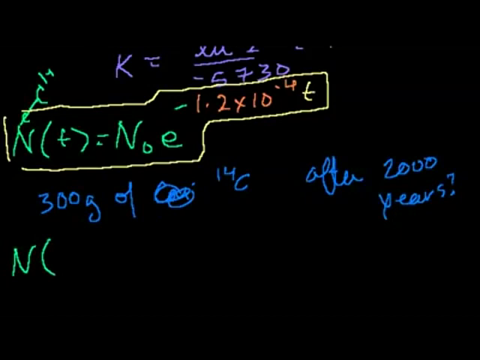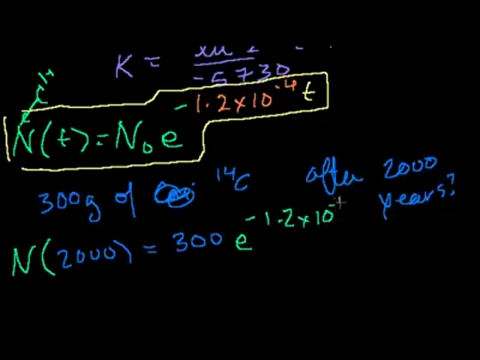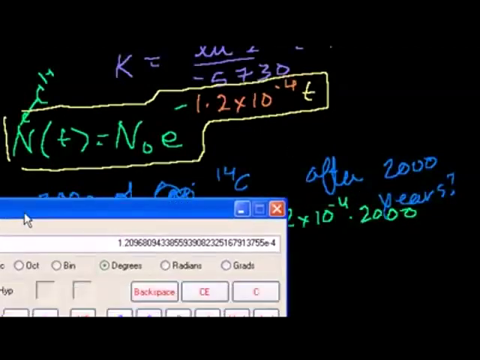N of 2,000 is equal to the amount that I started off with, 300 grams, times e to the minus 1.2 times 10 to the minus 4 times t, which is 2,000.